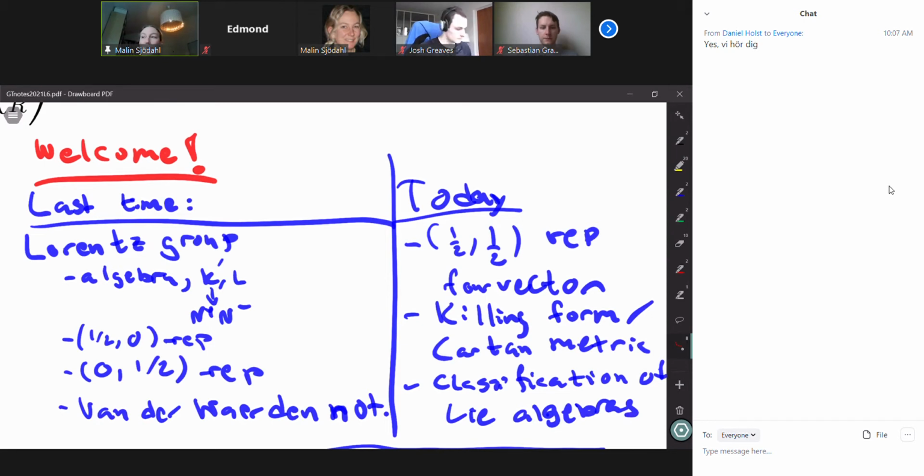So aside from ordinary Lorentz transformations, boost and rotations, we will now also include translations. Then we will talk a bit about more general concepts. So we will sort of pave the way for the classification of Lie algebras by introducing the Killing form, the Cartan metric. So it's essentially a sort of scalar product in the algebra.